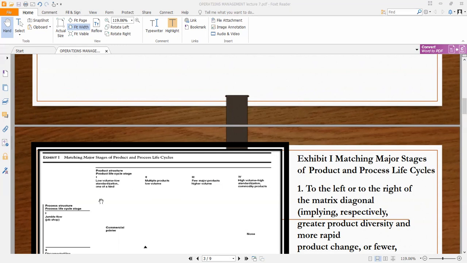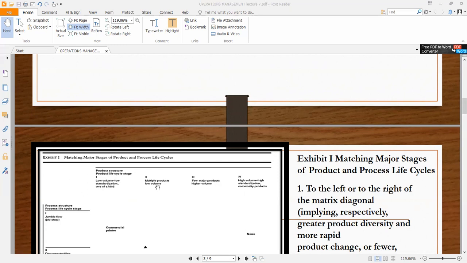In stage 1 we have low volume and low standardization of the product, one of its kind. So low volume, meaning we are producing goods at a low volume.